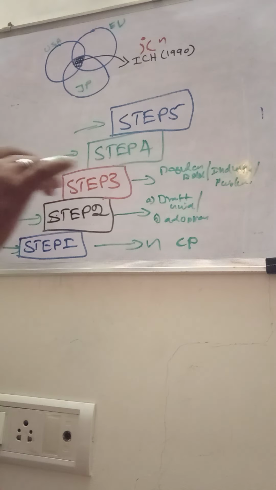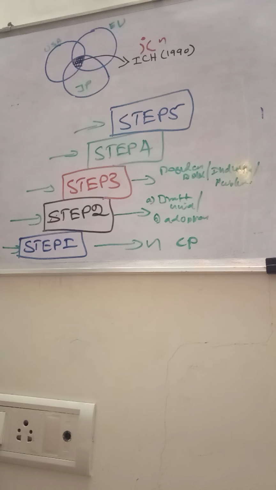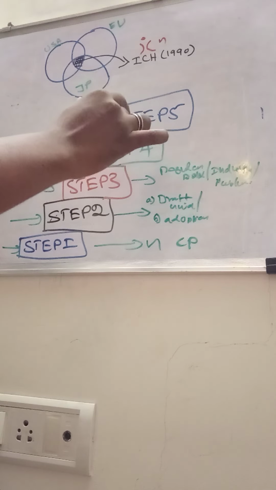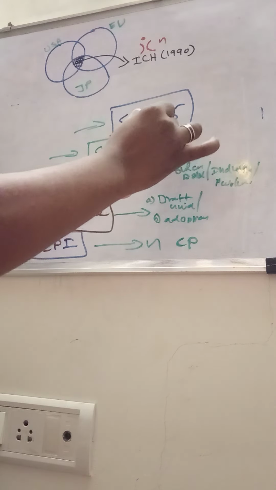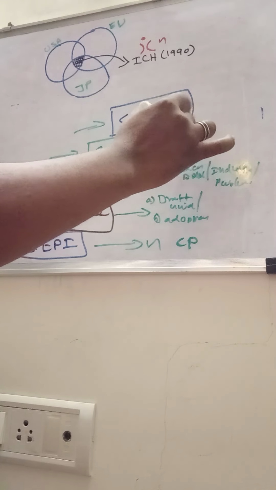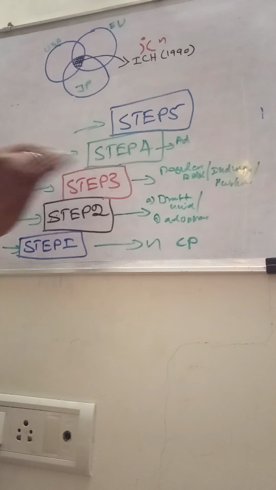So in step 3 they usually perform these kinds of activities. Once everything is incorporated and done, the document reaches step 4, which means the companies are already using this particular regulation.